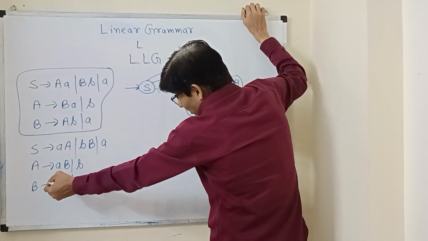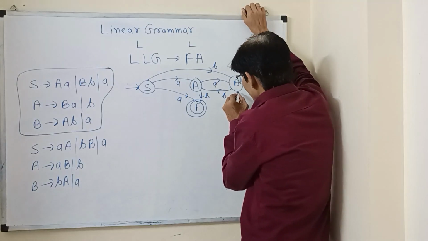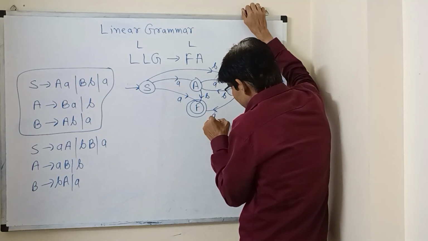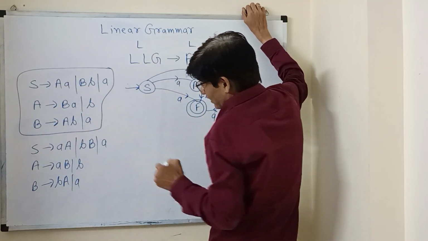And on B, if we are applying A, we are moving to the final state. So this is the finite automata for this particular grammar.